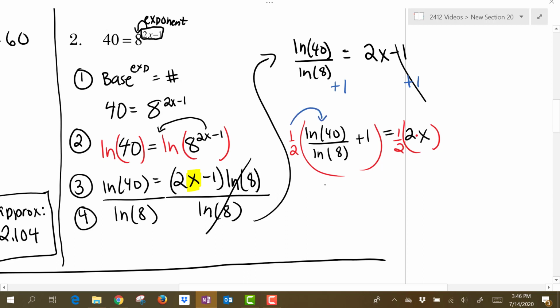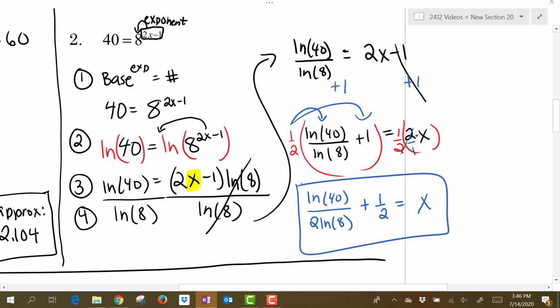So 1/2 times that fraction, top times the top. 1 times the natural log of 40 is the natural log of 40. 2 times the natural log of 8 is 2 times the natural log of 8. Then the 1/2 times the positive 1 gives us a plus 1/2. Here, the 2's would cancel out, and so we're just left with x. So this would be our exact solution.